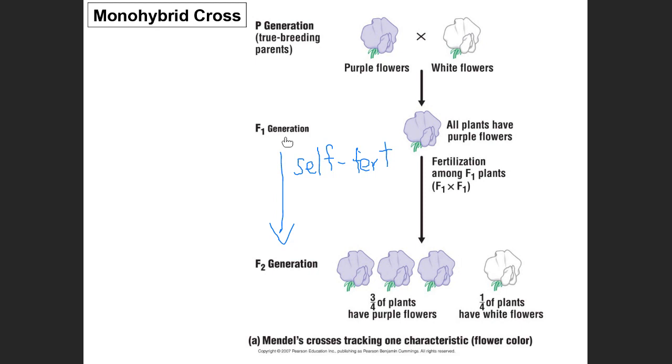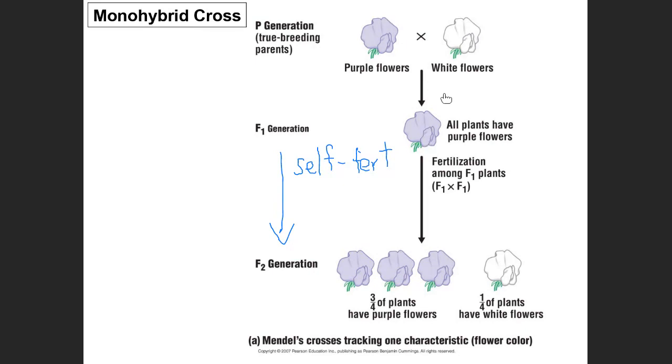But because all these F1 generation offspring plants only grew purple flowers, Mendel wanted to know, what happened to this other trait? I mean, this parent contributed to producing this generation of offspring. What happened to white flower color? Is it hidden in these F1 generation offspring, or is it lost forever, and from now on only purple flowers will appear in any offspring?